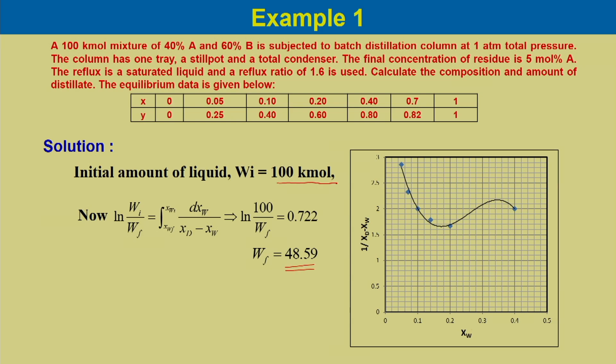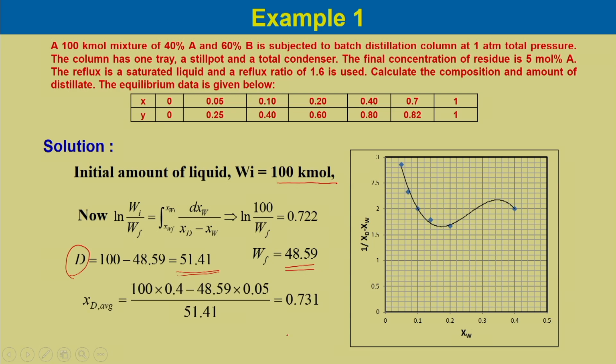So, the final moles in the still pot we can obtain this. The distillate can be obtained from the total material balance equation, which is 100 minus wf, 100 minus 48.59. So, it is 51.41.